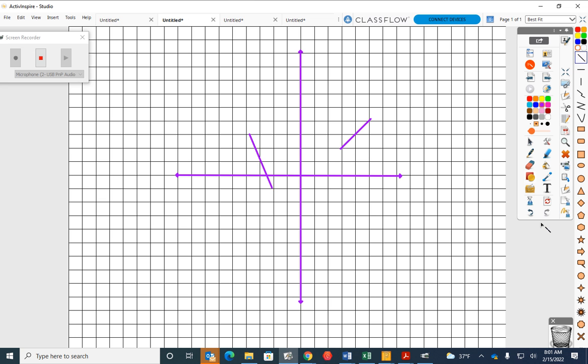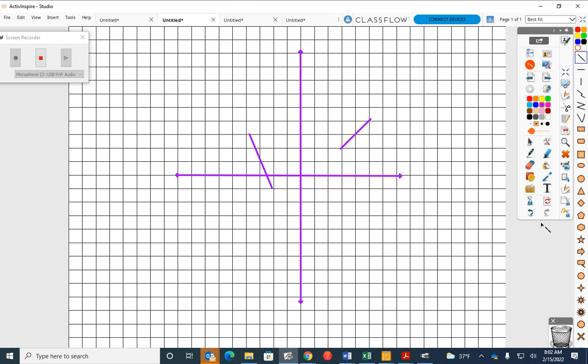So this is your objective. You're going to write this in your notes. Your objective today is to determine distance on the coordinate plane using the Pythagorean theorem.